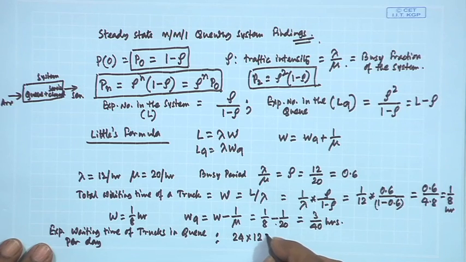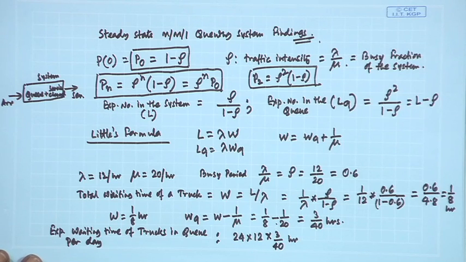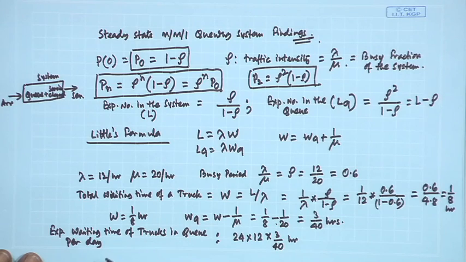So, that many trucks are coming and each truck is on the average waiting for 3 by 40 hours, right. So, that is the expected waiting time of trucks in queue per day. Please remember that WQ, which is 3 by 40 hours, is the expected waiting time in the queue of a given truck, but we need to find the expected waiting time of trucks in queue per day.